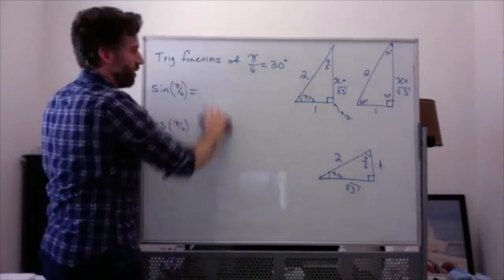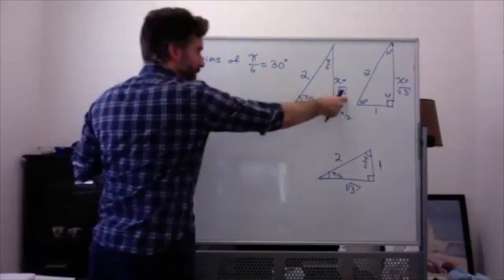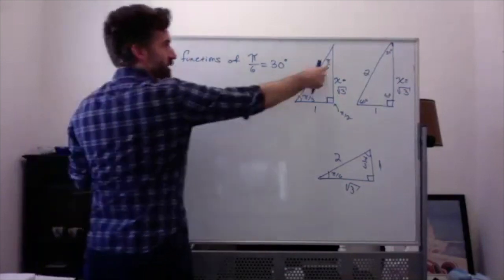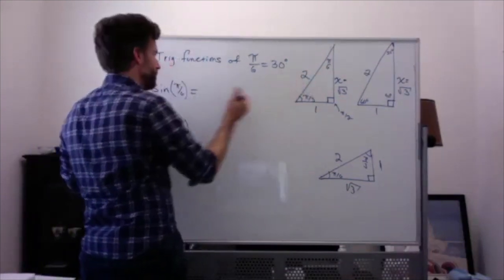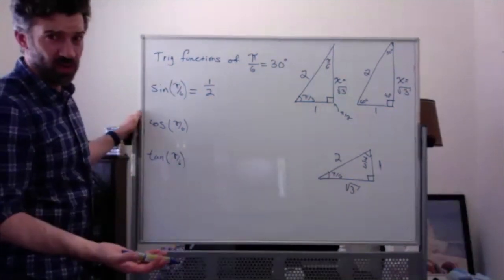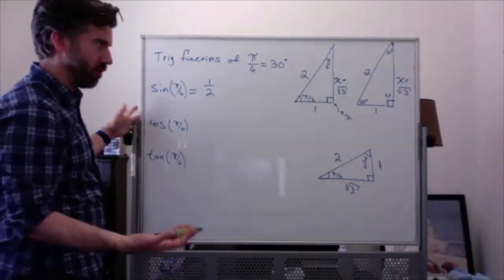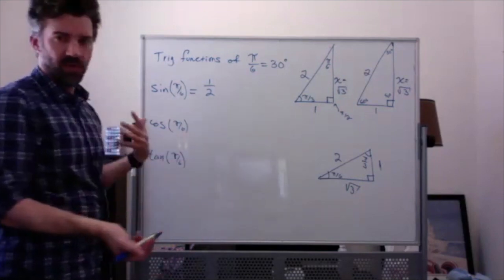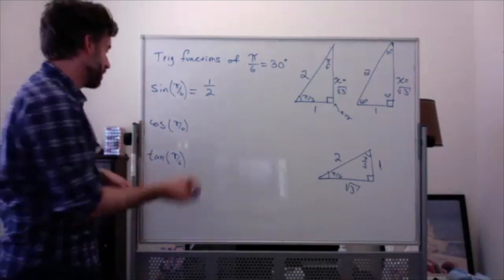Sine of pi over 6, so I was actually looking at this angle when I did opposite over hypotenuse. Sine of pi over 6 is the opposite over the hypotenuse, which is 1/2. You could write it as a decimal if you really wanted, but we almost always write trig functions as fractions, unless there's a good reason not to.